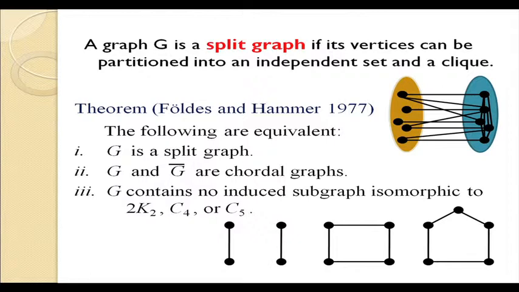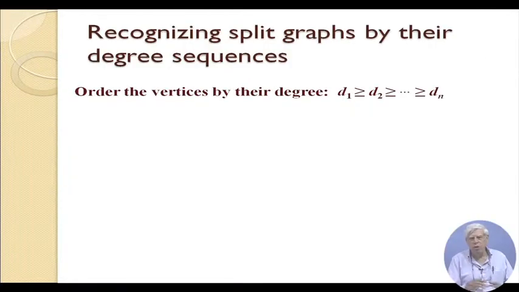Now this is a very nice mathematical characterization, and it feels good because we finished that hierarchy and we have a forbidden subgraph characterization. But you might want to know about recognizing them without having to check to see if it has those forbidden configurations. And here is a very beautiful aspect of this class of graphs.